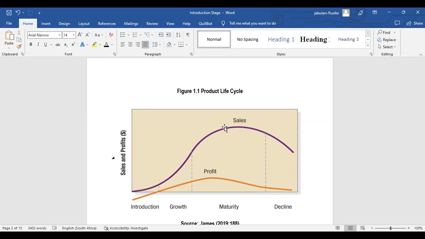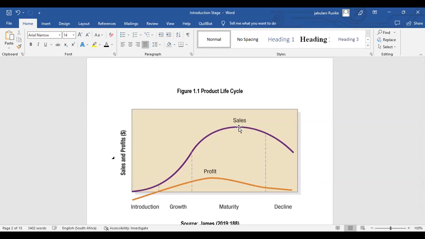So basically at this stage, the sales are at their peak, and the competition is very, very high, and it requires an organization to be very innovative, sometimes to modify its products so that it actually meets the demands of the customers.